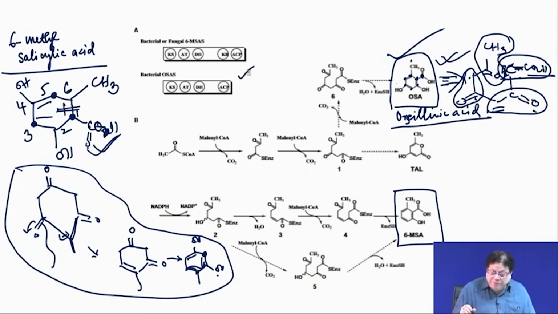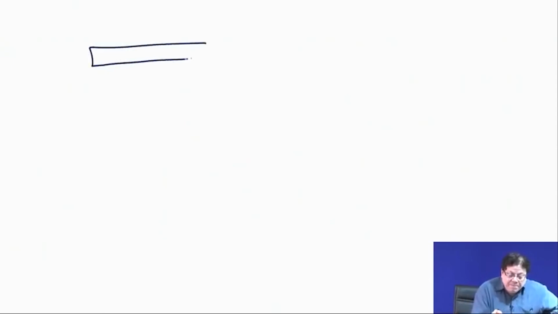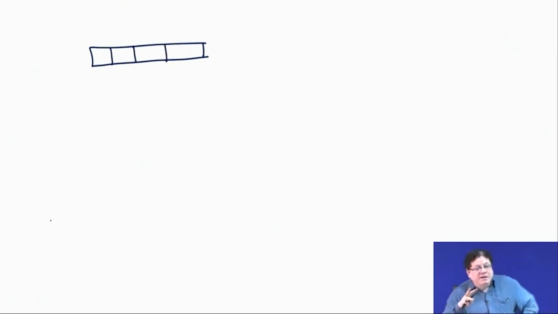What I will do is go back to a blank slide. See, usually this is the picture of the protein. This polyketide can be synthesized, and it has been found that there are basically 3 types of polyketides, but we will concentrate on only 2 types. One is called type 1. What is type 1?